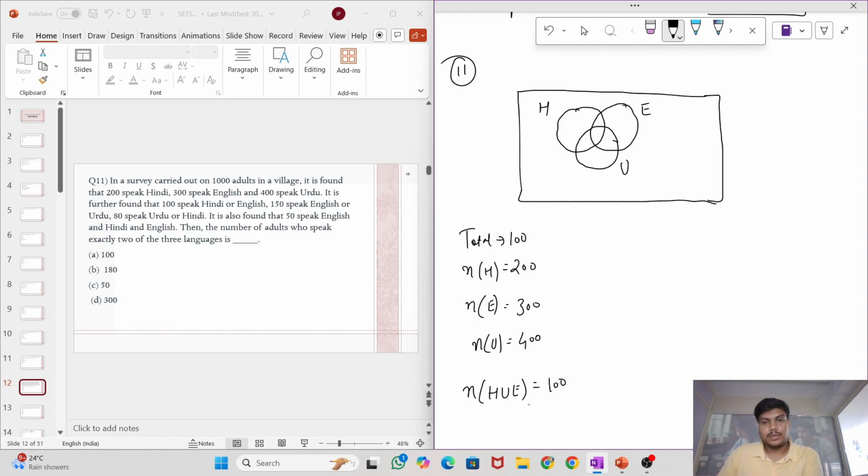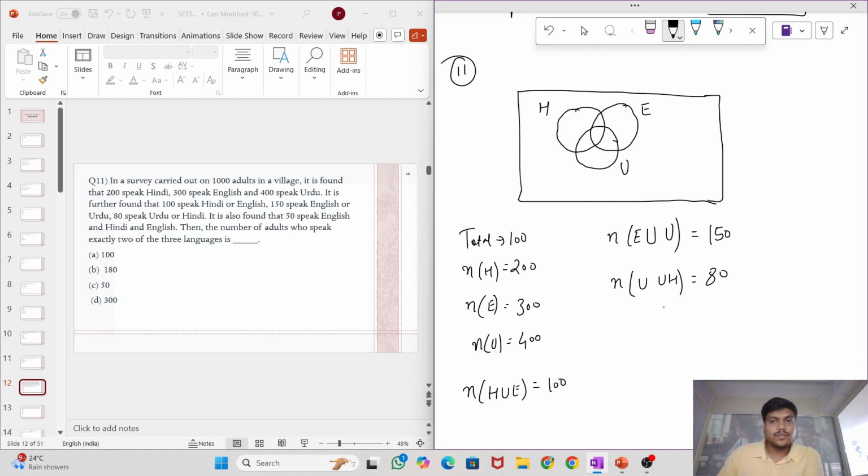So it would be 100. Then after that they told the number of people who speak English or Urdu. Now to differentiate between this U and the sign of union, I'll just do this. It is 150. The number of people who speak Urdu or Hindi is 80.